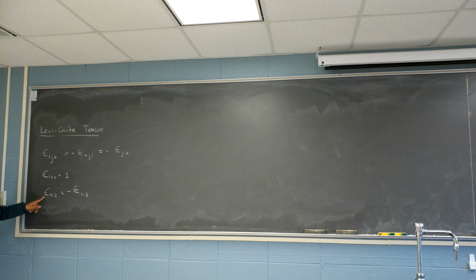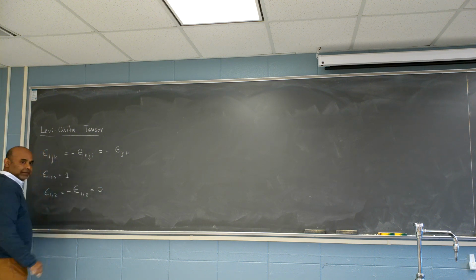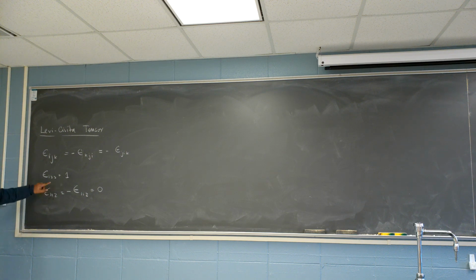That means what can this be? A number, it has to be 0. That also means you can have no pair, or all three, for that matter, being the same. Because the moment any two entries are the same, the Levi-Civita tensor takes on a 0 value. So they all have to be distinct.